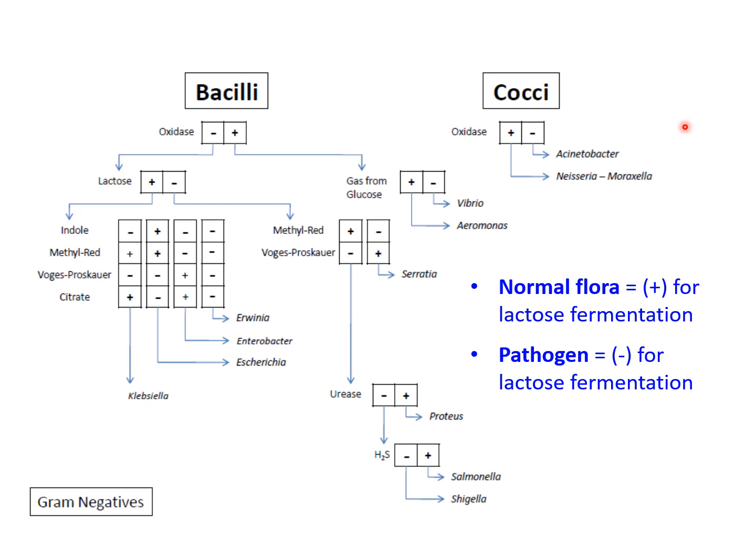Now, those enteric bacteria in our guts that are actually part of our normal flora, it turns out that they are going to be positive for lactose fermentation. They are capable of fermenting lactose. So you would go down to the chart right here.